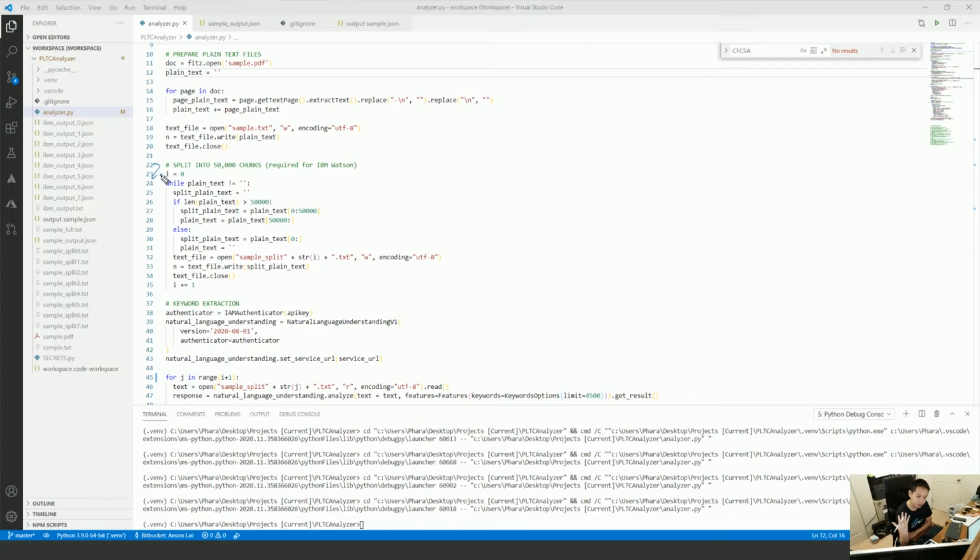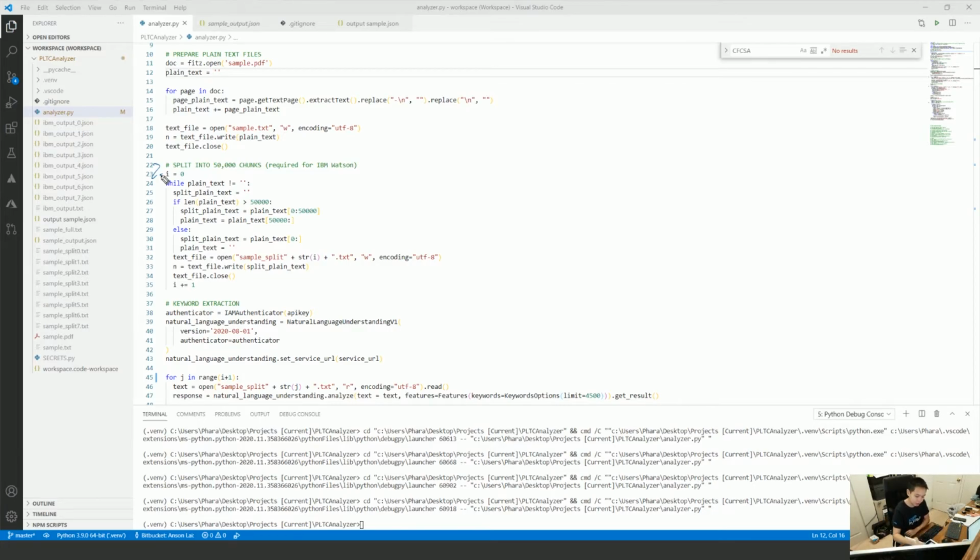IBM Watson needs to break these down into 50,000 character chunks. It's much better than the 5,000 character chunks that Azure wanted, but 50,000, well, we still had to break it down into, I think, 8 text files in the end.